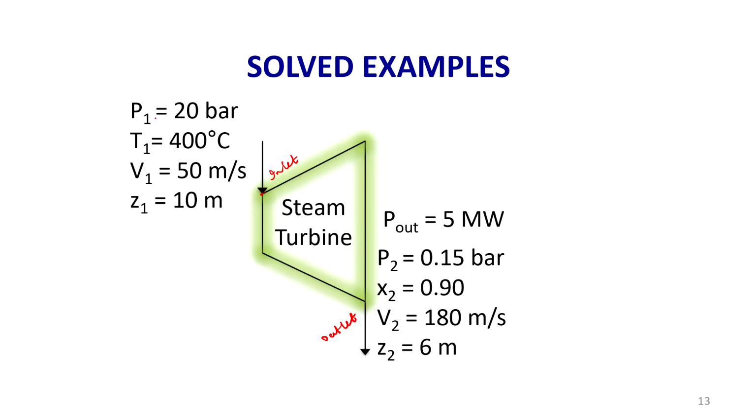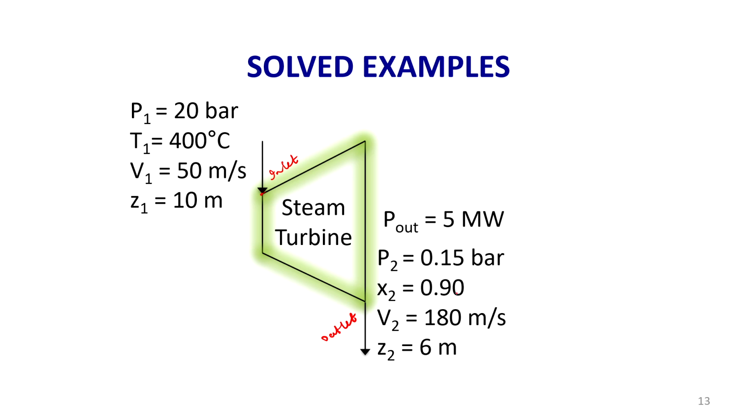Now, let us focus on question number 2. At the inlet, the steam is entering at 20 bar, 400 degree centigrade with a velocity of 50 meter per second, and it is entering at a datum height of 10 meter. This is the power produced by the turbine. The pressure at the exit of the turbine is 0.15 bar.